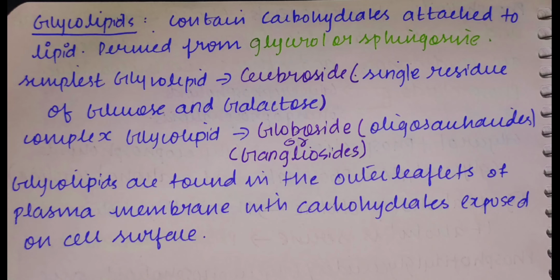The cerebroside contains a single sugar residue, which can be glucose or galactose, whereas the complex glycolipid, the globoside or ganglioside, contains oligosaccharides with one or more sialic acids. Okay, so now they are linked to the sugar chain. The glycolipids are found on the outer leaflet of the plasma membrane, where the carbohydrate portions are exposed on the cell surface.